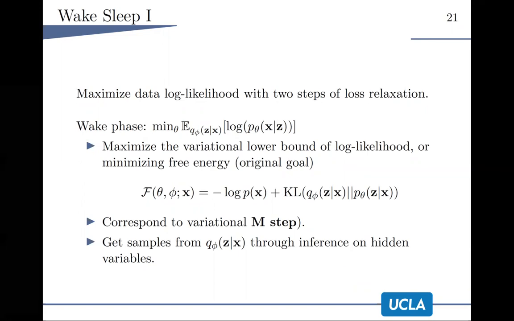Now something more on the wake-sleep algorithm. In the wake phase, we basically try to minimize the expectation of the log of p over q, maximizing the variational lower bound of the log likelihood, or minimizing the free energy like this.